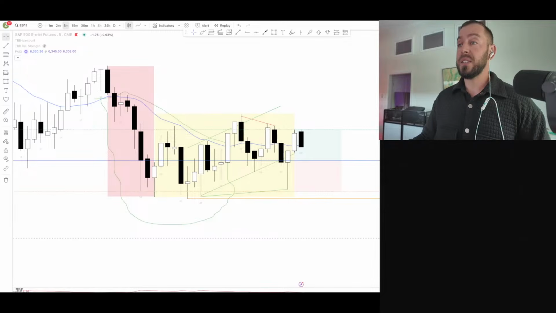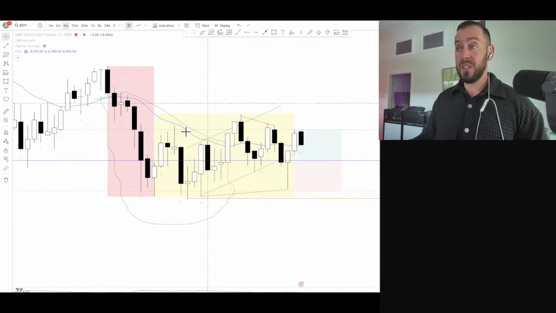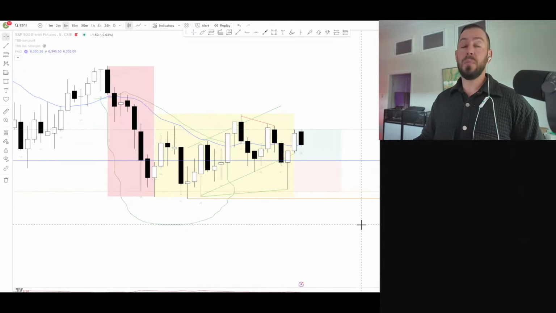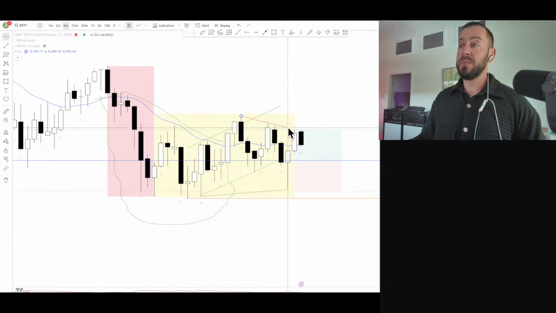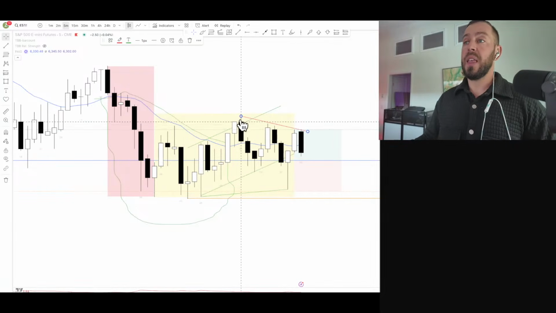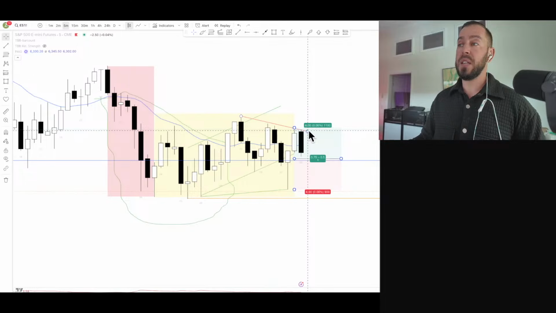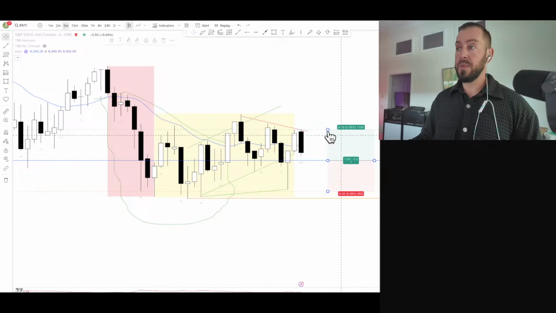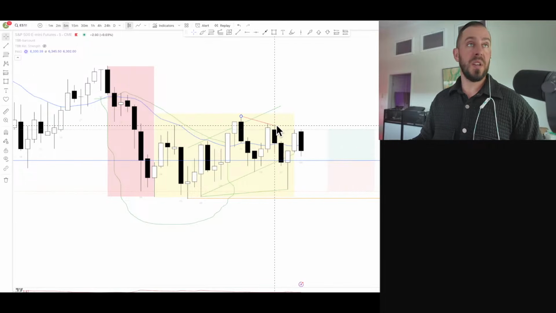And what I can see is that we continue to be in this same market structure. So again, we're forming another high here, a lower high, right? So the double top was here and here. Now the double top moved here and here.